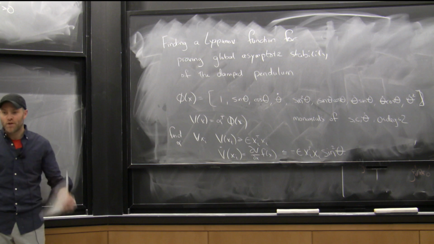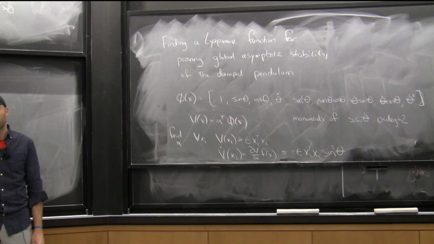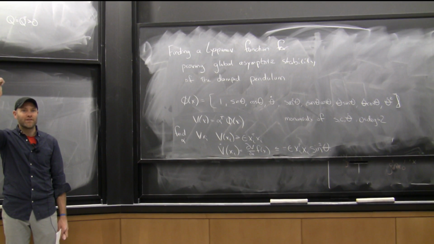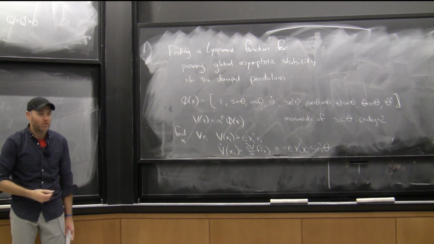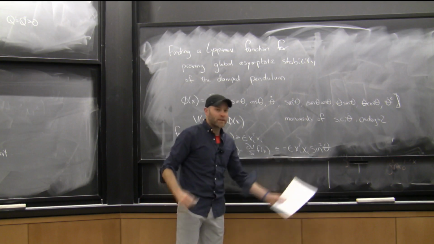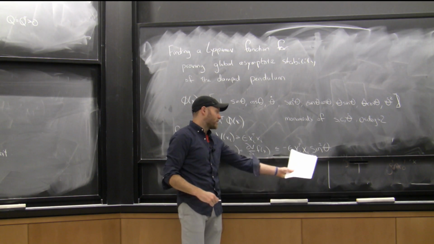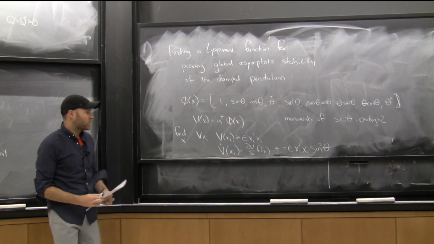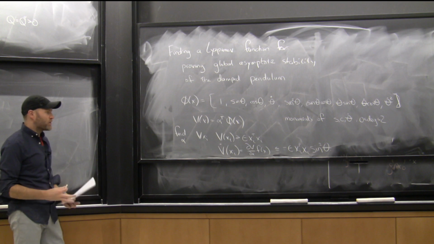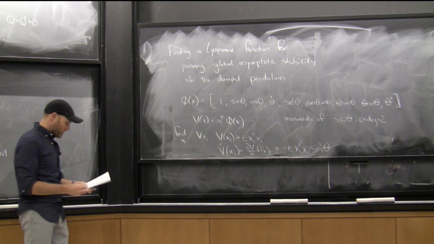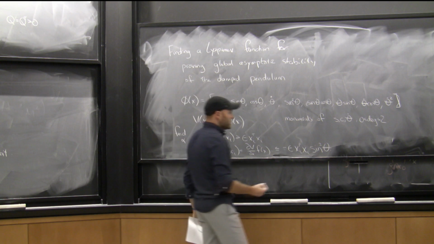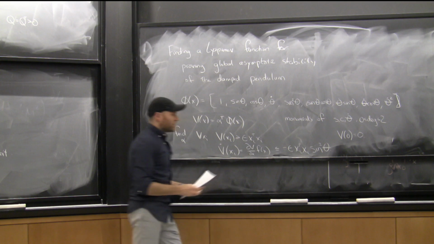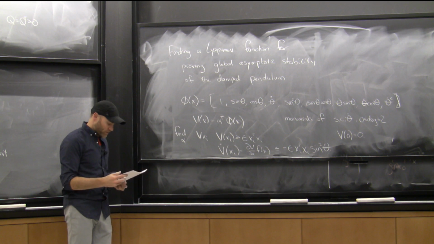So I want V dot to be always going down, but I admit that at the upright, it's going to have to be 0. So I'm going to allow that by driving that thing to be exactly identically 0 at the upright. Sine was my arbitrary choice to just make sure that that objective went to 0 there. And then I said V of 0 equals 0. V dot of 0 is trivially 0 at the origin because it's a fixed point.